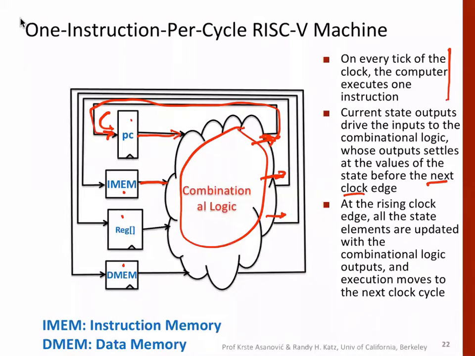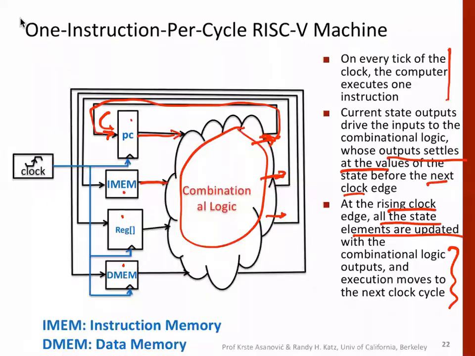At the rising edge of the clock, all state elements are updated. Once this is done, we move to the next cycle. So basically, we have to make sure that within one cycle, all the operations of the instruction complete.